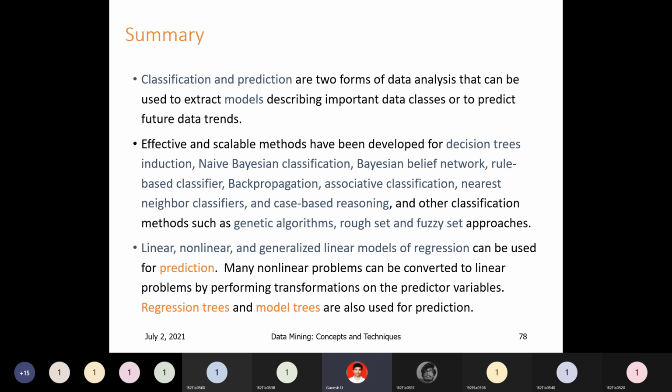Those two algorithms are simple. Just based on the algorithm, you create a decision tree, or you find the unknown label for a new item using naive Bayes classification. You just follow the algorithm and you will find it. But classification using back propagation is more difficult than the other two methods.